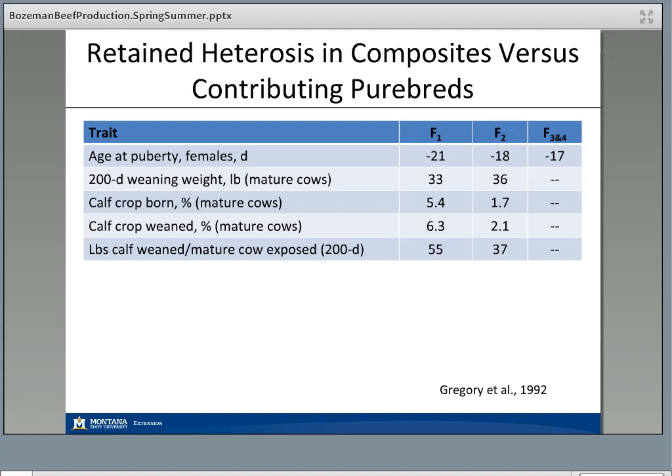For 200-day weaning weight out of mature cows, we have a good maintenance of heterosis throughout those first 2 generations. Biggest bang for our buck is in the F1 generation with calf crop born and weaned. Pounds of calf weaned per mature cow exposed also has a slight decline in the F2, but certainly is impressive nonetheless.